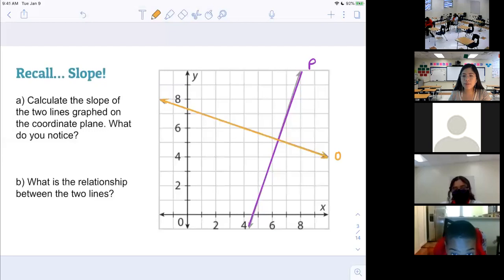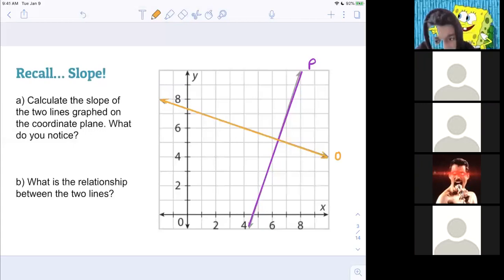Daniel, I want you to sit up straight. I don't know what you're doing, but you're about to fall off your chair. Still waiting on Daniel, Eric, Jalen, and Alejandro. Samaj, thank you for your answer.